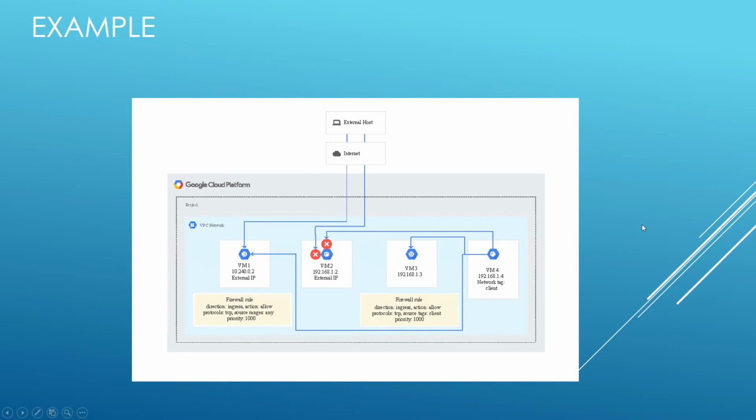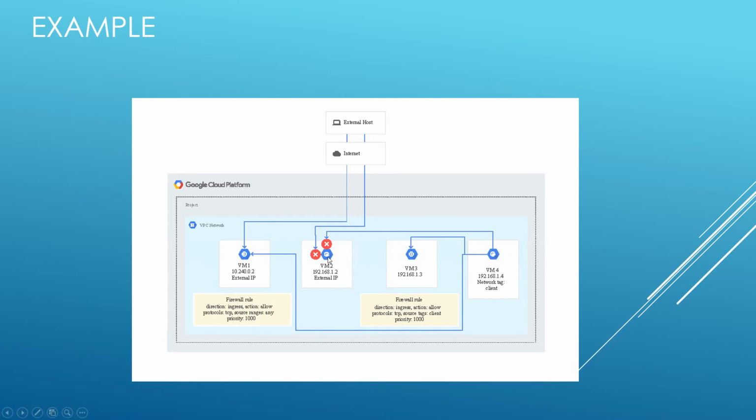Now let's have a look at an example. In this case, we have two VM instances which have incoming firewall rules. We also have two instances with external IP addresses. You can see this VM can reach this VM and also this VM because both of them have an incoming firewall rule.